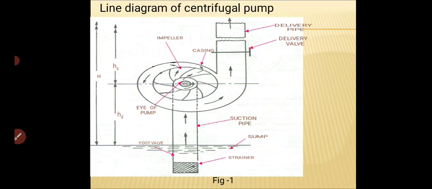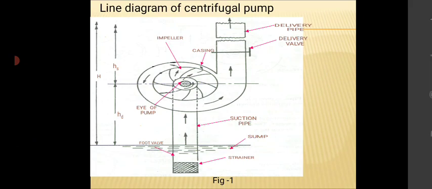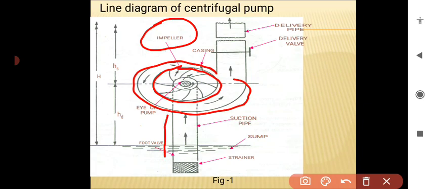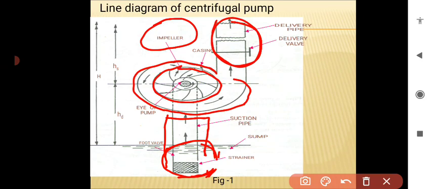The main parts are: first, the impeller, the circle that rotates; second, the casing; third, the suction pipe; fourth, the footwall and strainer; and the last one is the delivery pipe with the delivery valve. These are the main parts of the centrifugal pump.